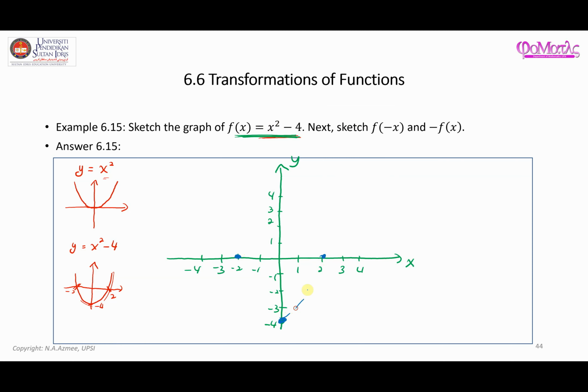Okay, I'm just going to draw the solid line. So this is my y equals x squared minus 4.